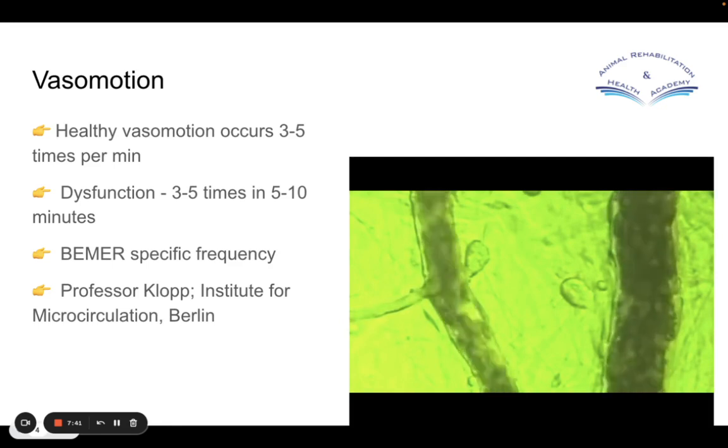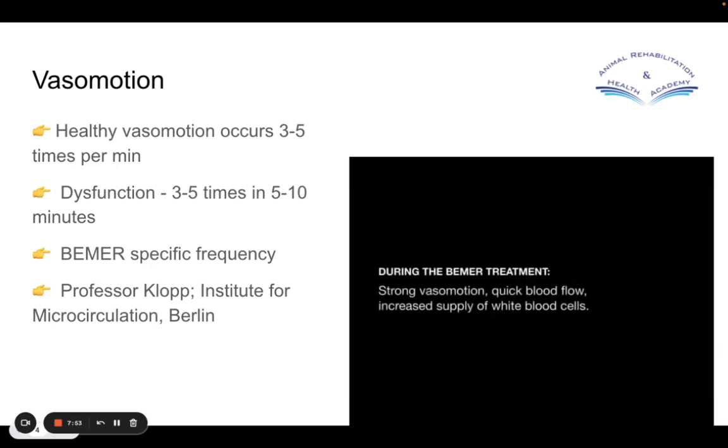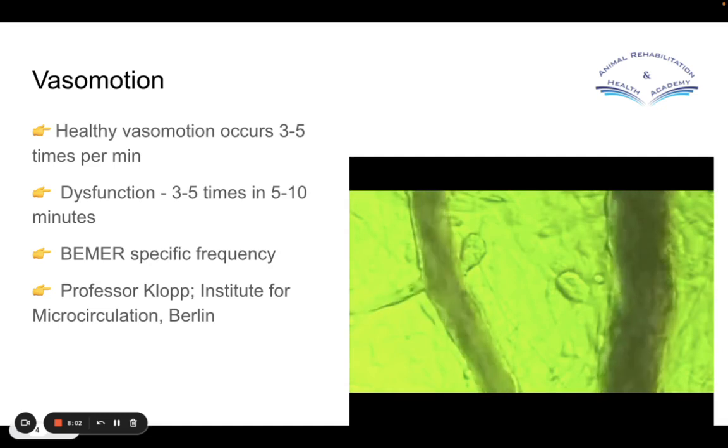But you can see that after some treatment, it's quite a difference. BEMA also discussed the white blood cells as well, and you can see those on the right side of this video.